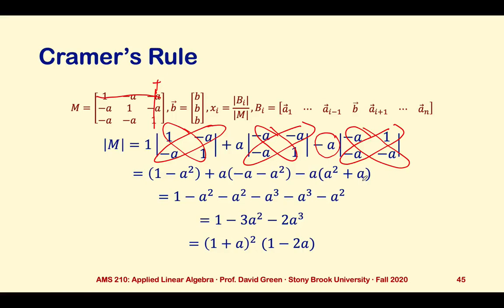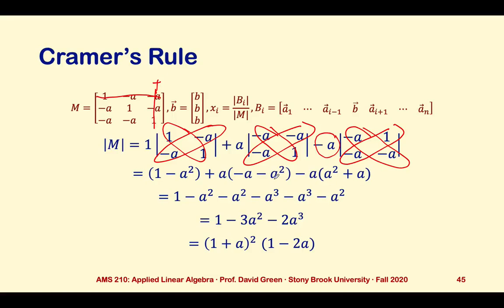Again, it's always a good idea to try to simplify these expressions. We begin by multiplying out everything to give us 1 minus a squared minus a squared minus a cubed minus a cubed minus a.